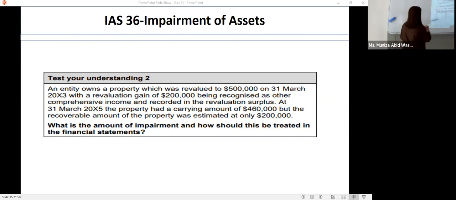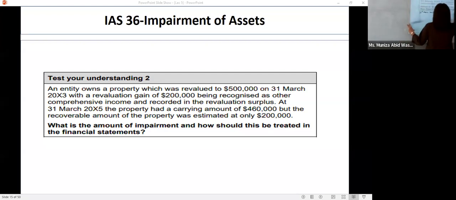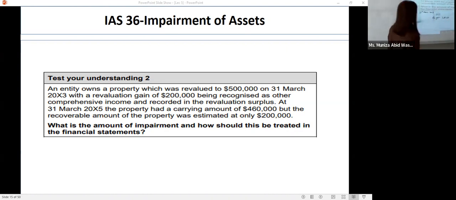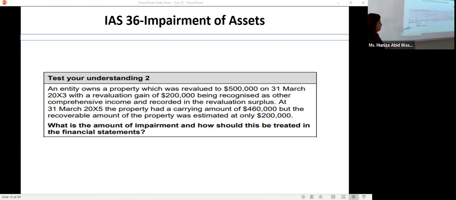So now the situation is that on 31st March 2003, there has been a revaluation gain of 200,000 which has been recognized in the statement of other comprehensive income and recorded in the revaluation surplus.